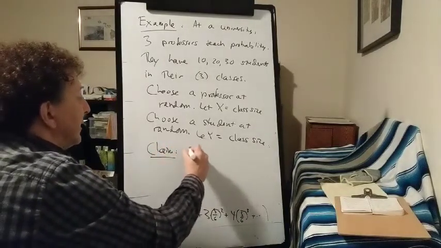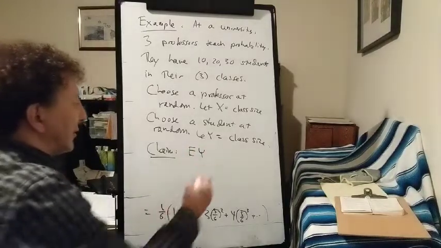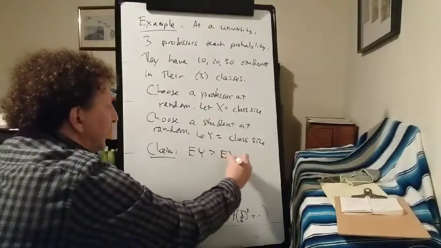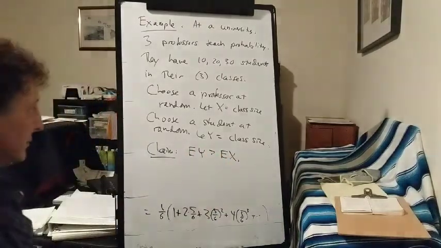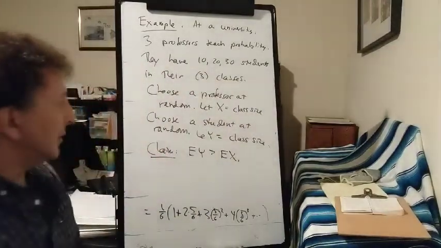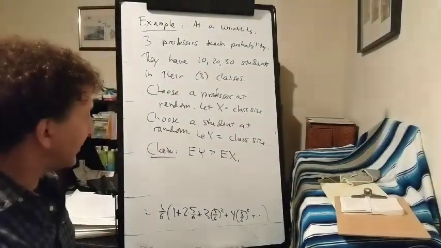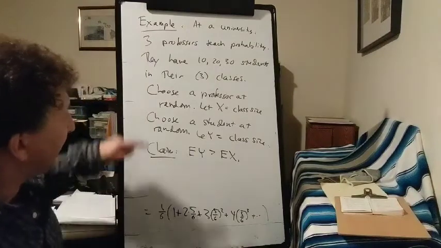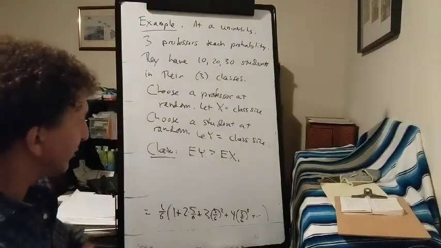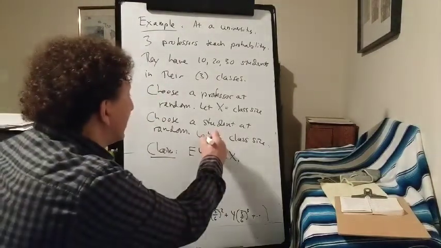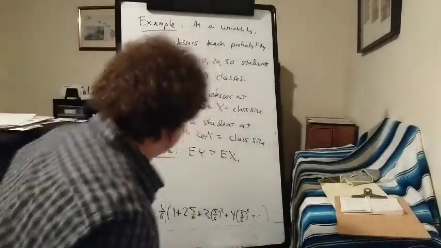Now I claim that the expected value of the student's class size is greater than the expected value of the professor's class size. Well, how could they be if they're the same classes? Well, the difference is choosing a professor at random and choosing a student at random.